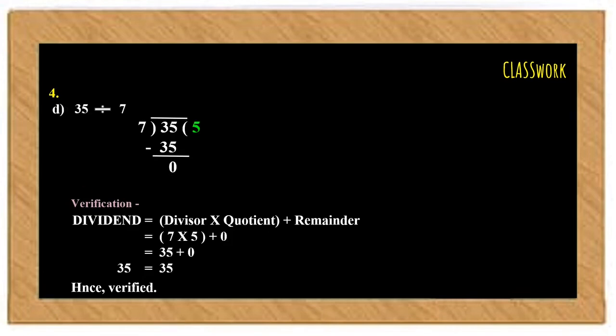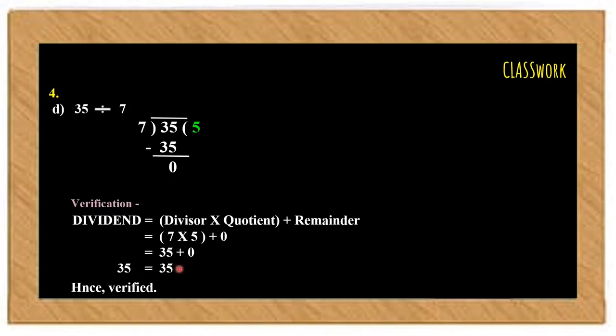We will solve another problem, children. In the D part, we have 35 divided by 7. We all know that 7 into 5 is 35, and so the remainder will be 0. When we put all these answers in the formula for verification, we get 7 multiplied by 5 plus 0, which is nothing but 35.